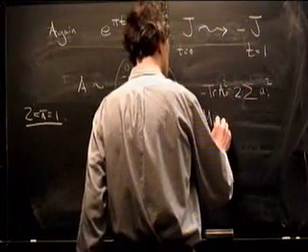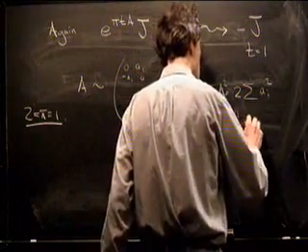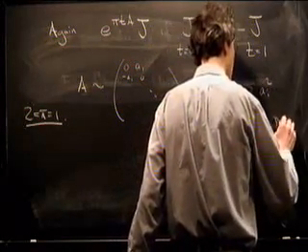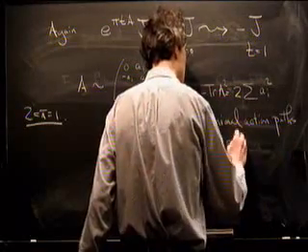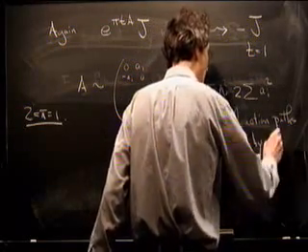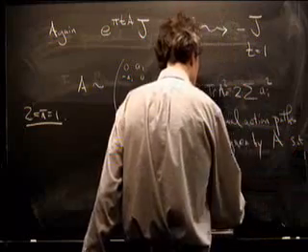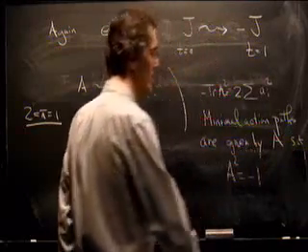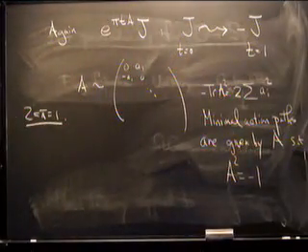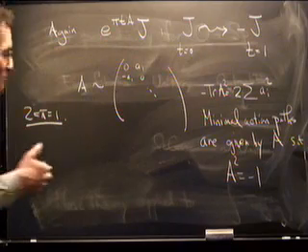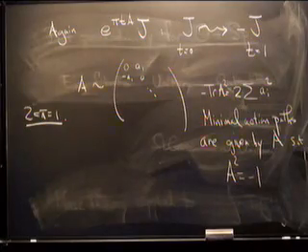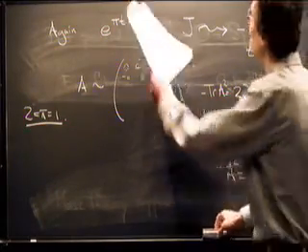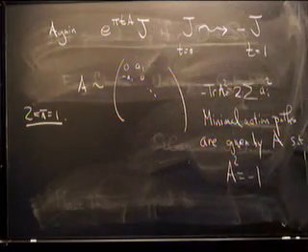So the minimal action paths are given by a such that a squared is minus 1. But that means that, remember, a is in the Lie algebra, but it's also in the group. Same argument as I had before. So, cool.